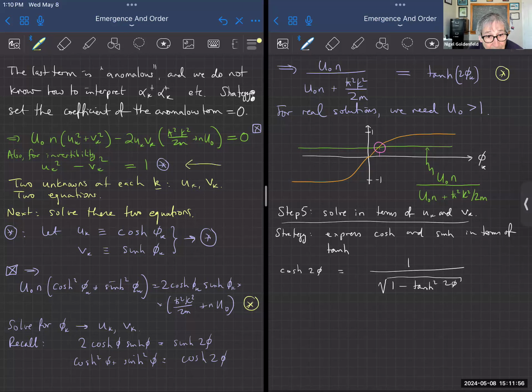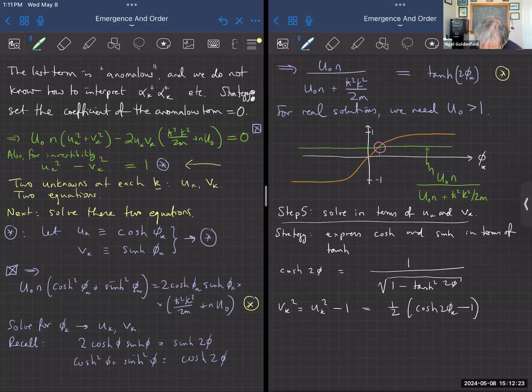Then V k squared is equal to UK squared minus 1, and so that I can write as 1/2 of cosh of 2 phi k minus 1.